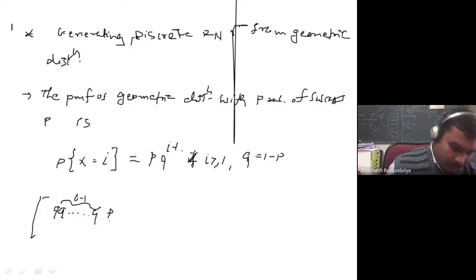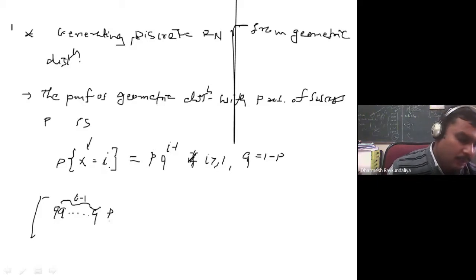So what is x? x की जगह x is our setup here. X takes value i. It means I am talking about the success. Okay, i minus 1 तक का time it is a failure.